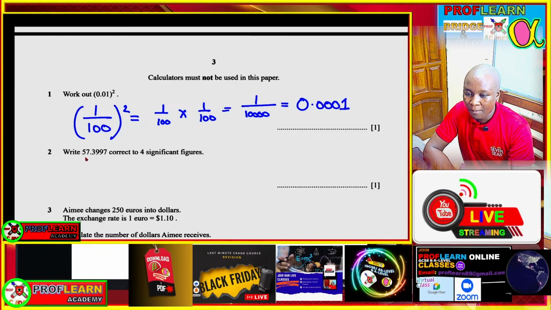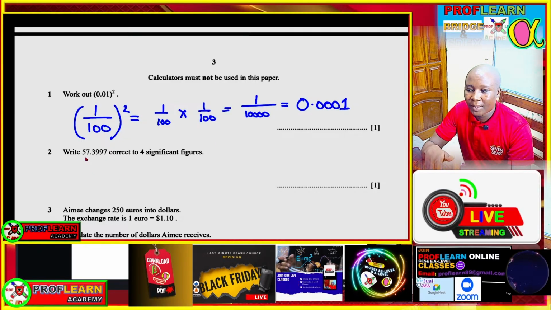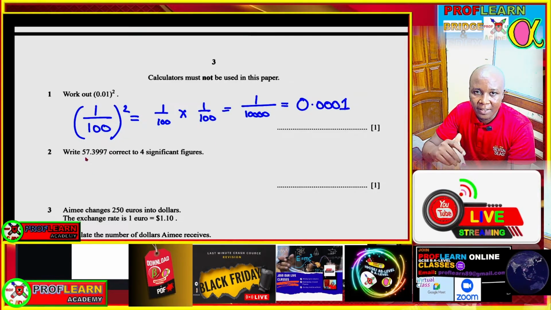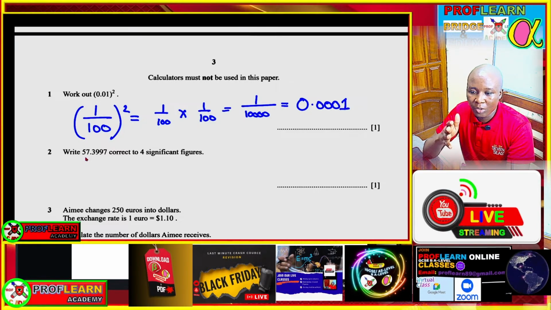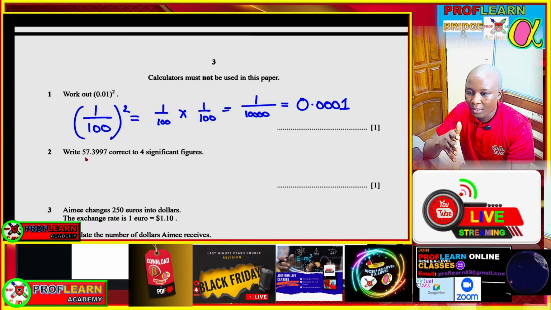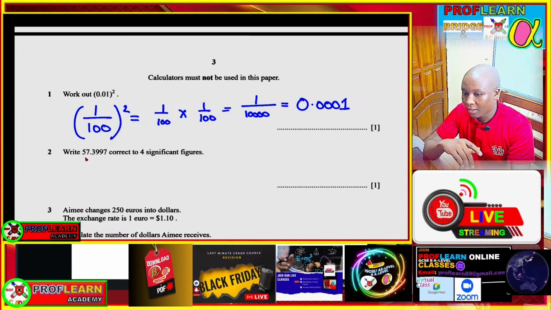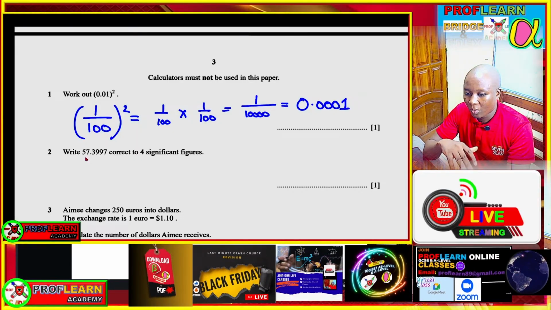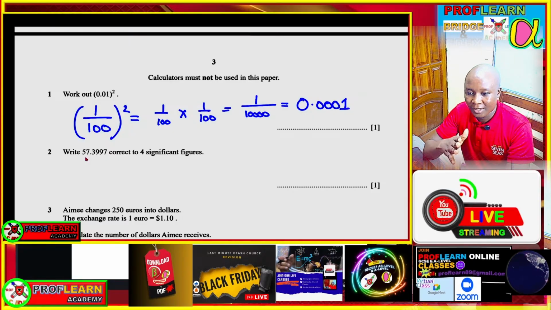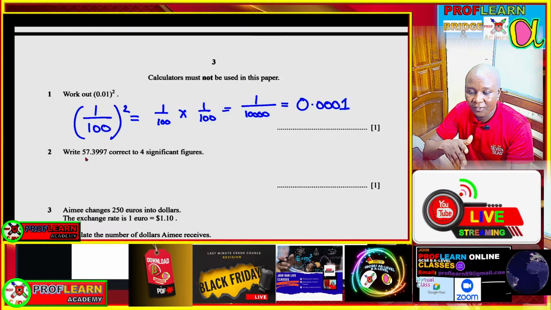we are going to have our decimal 0.0001. Now, for you to express numbers as significant figures, the first significant figure is the figure that has a non-zero digit. The first non-zero digit here is 5. So we are going to have 5 as the first significant figure.